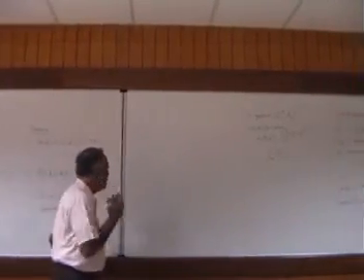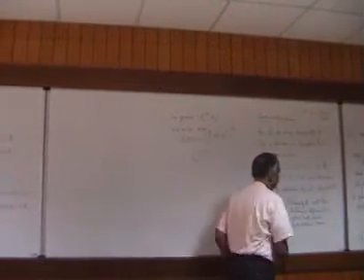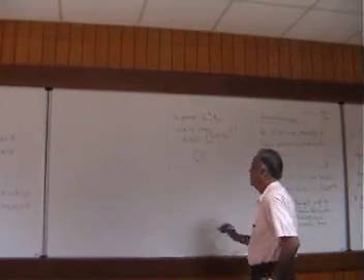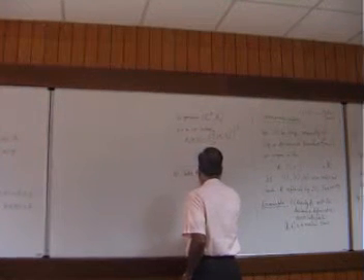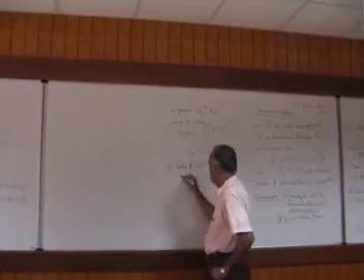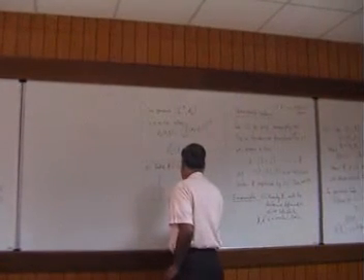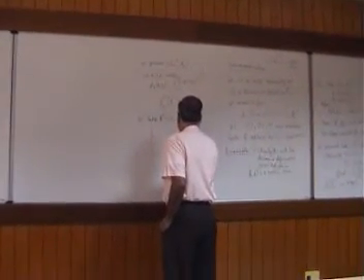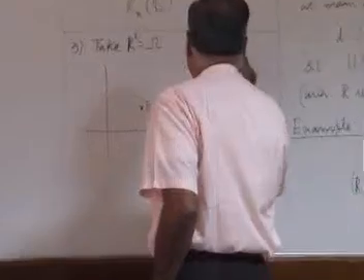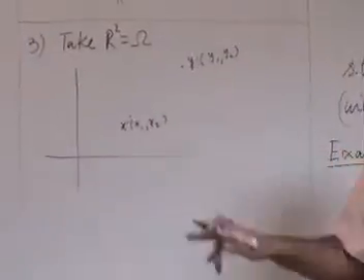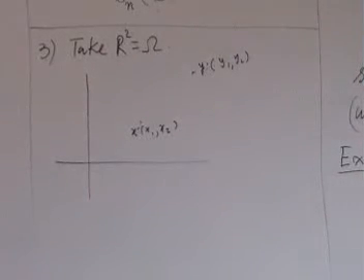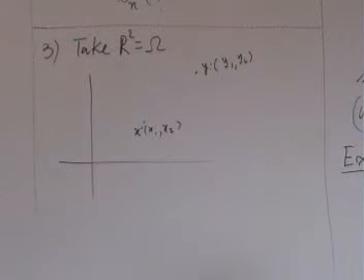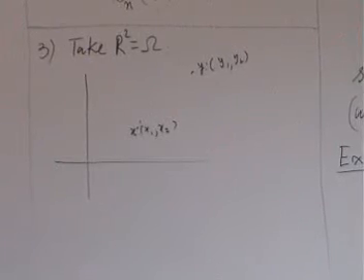Right. Now, consider another example where again take R2 to be equal to omega. Then take a point x which is x1, x2. Take a point y which is y1, y2. Previously we defined the distance as the direct distance from x to y. Now I can say that I am not ever allowed to travel like that. At any time I can move only horizontally or vertically.